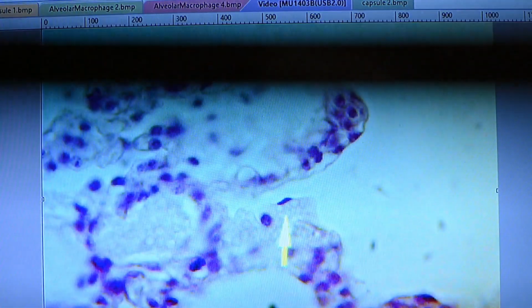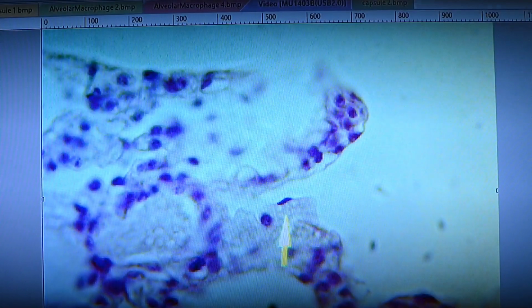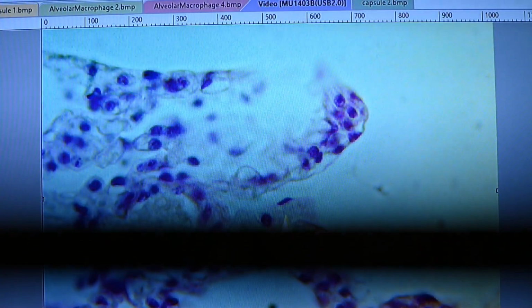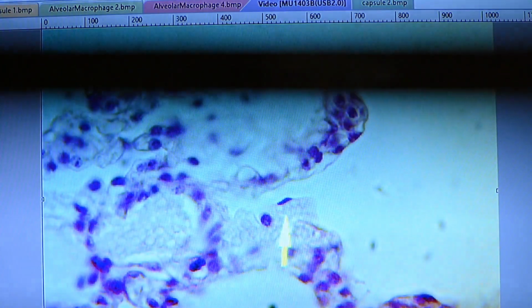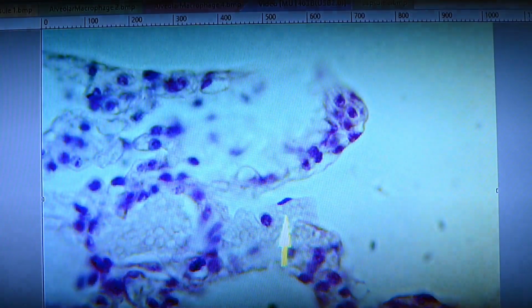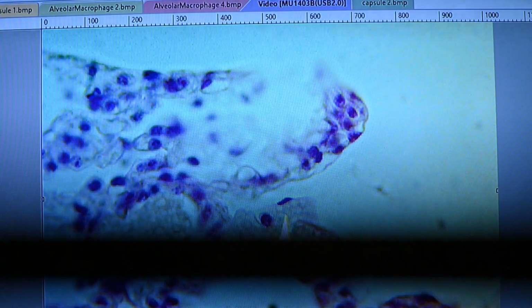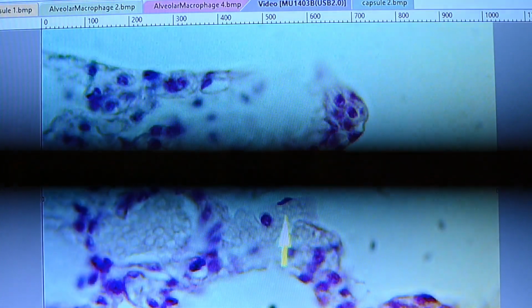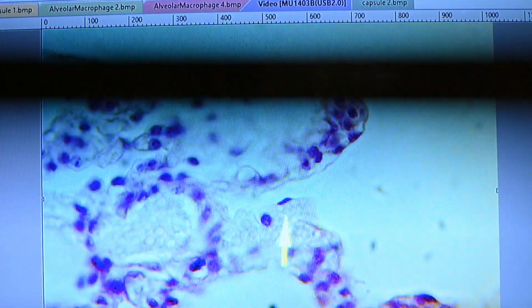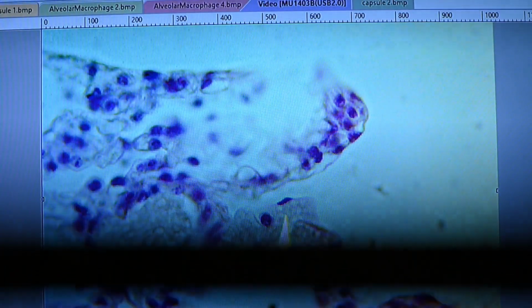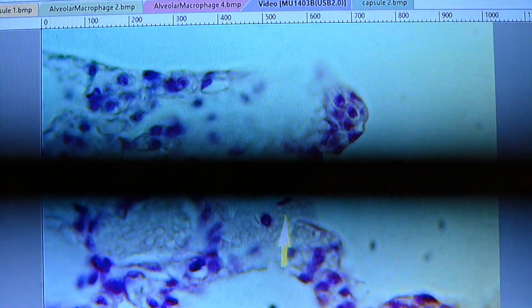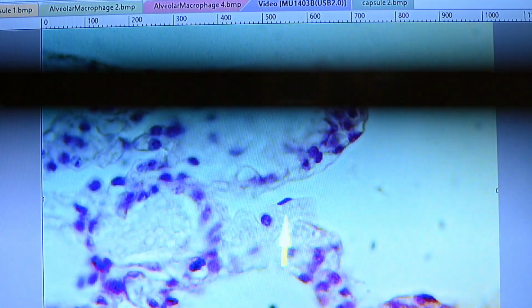Right here's a good example of a somewhat ambiguous nucleus. It's hard to tell if it's a type 1 alveolar cell nucleus or an endothelial cell nucleus next to this capillary. Where the pointer is, there's an abundance of little red blood cells right in that area. That nucleus lies next to both the capillary and the airspace above it.